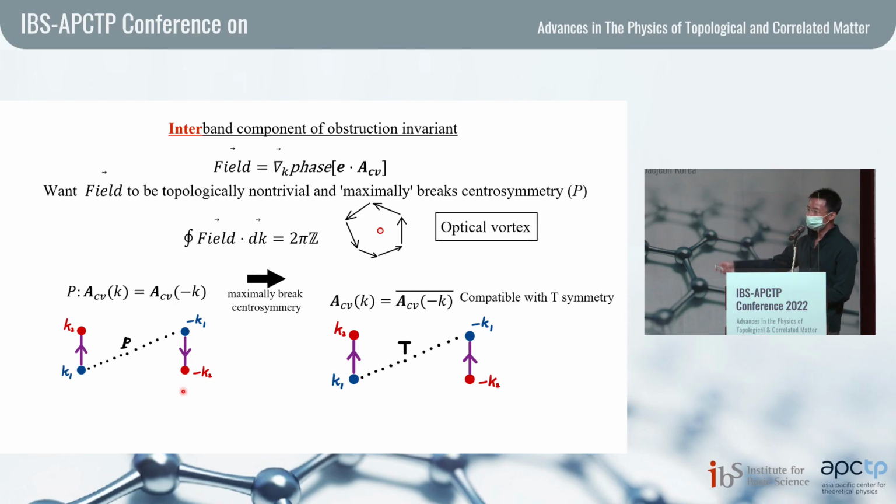We want to flip the arrow, and the one way we can do that is to change this constraint with a complex conjugation. And this is another type of constraint that is compatible with time reversal symmetry, for the same reason that time reversal symmetry is anti-unitary.